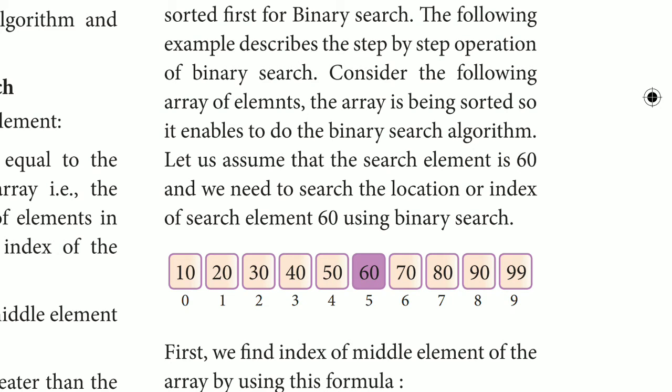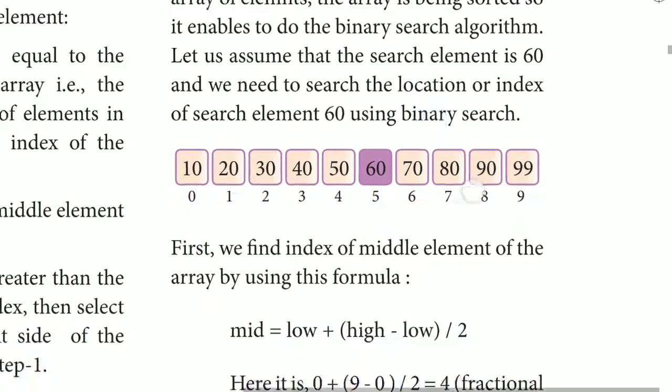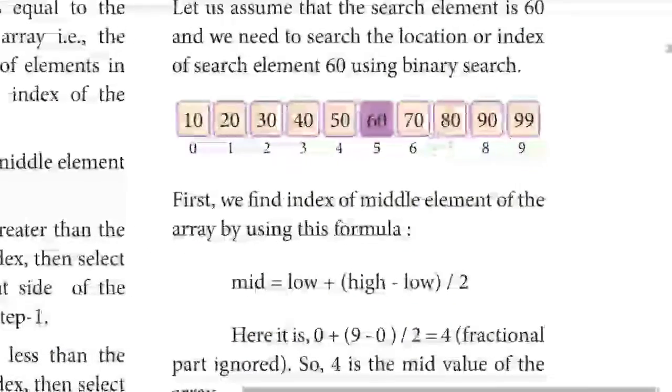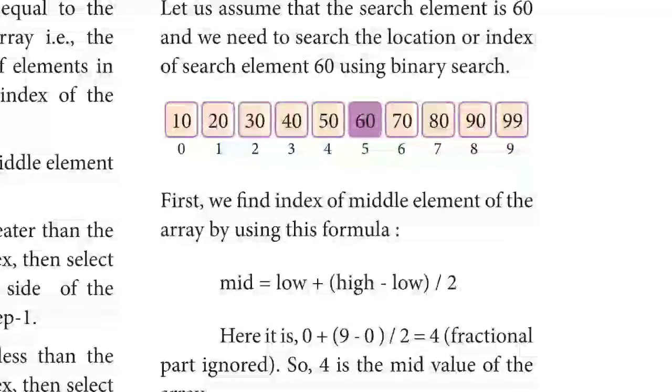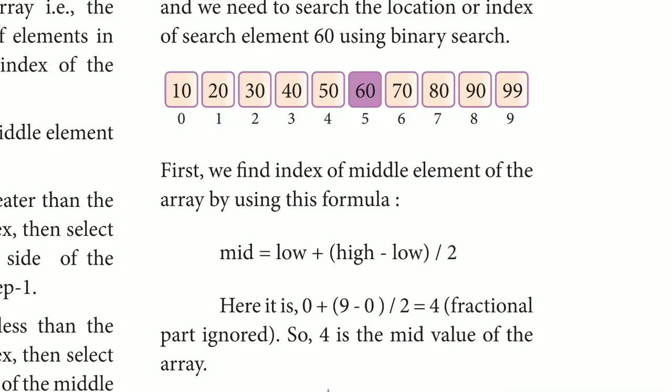Okay, so you can see that the first step is to find the middle element of it. We find the index of the middle element of the array by using the formula mid is equal to low plus high minus low divided by 2.